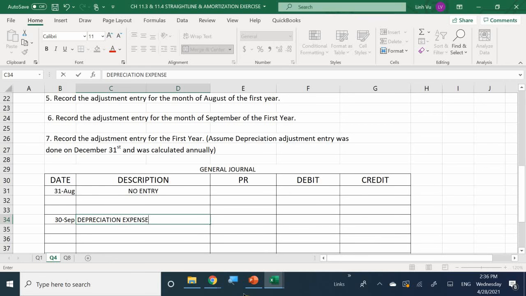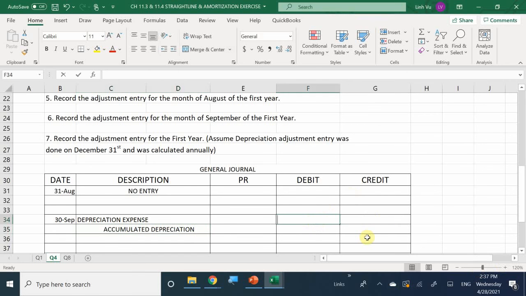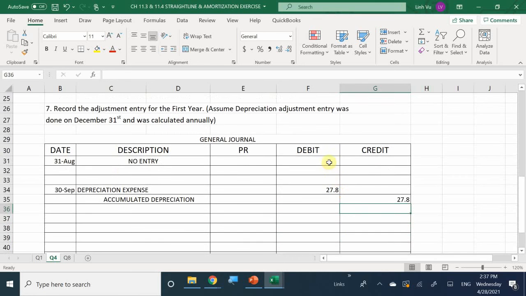So for the month of September for the first year, my depreciation expense, and what is the accumulated depreciation? What am I going to journalize? 2780. Good.